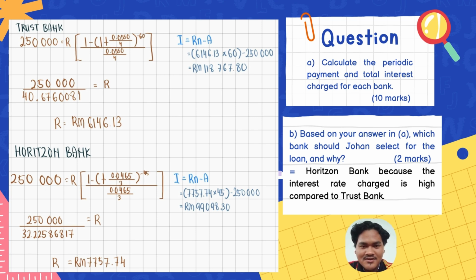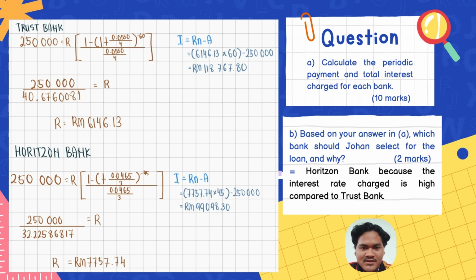Horizon Bank, 215,000 equals R [1 minus (1 plus 0.0465 per 3) to the power negative 45] per 0.0465 per 3.